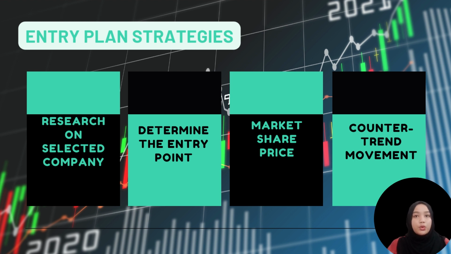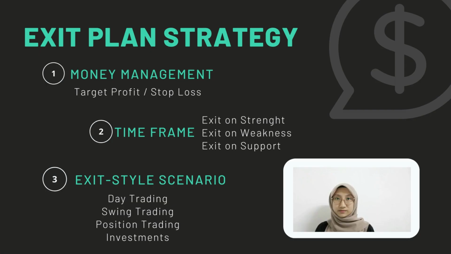Next, determining a good entry point is also important before starting an investment. We can look at their chart movement or use support and resistance to discover the pattern of the candlestick. Within that, we can manage to get a good starting point and share price before investing.